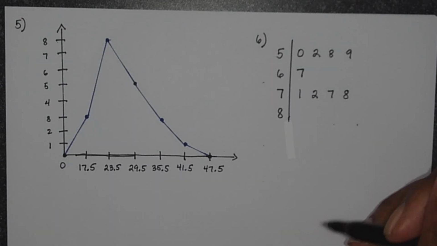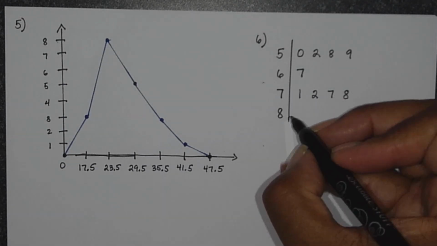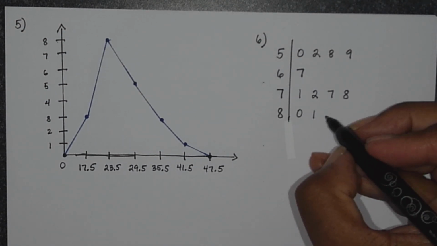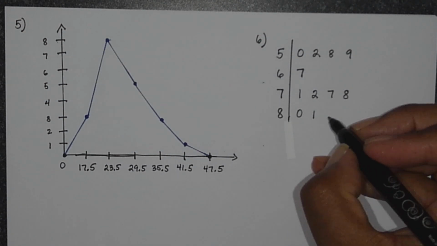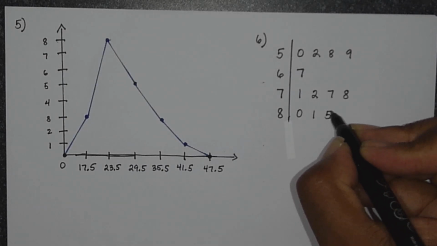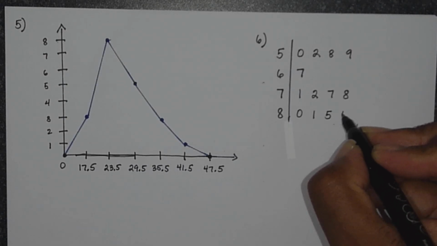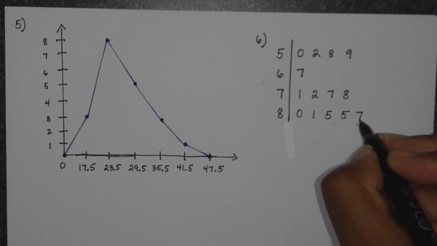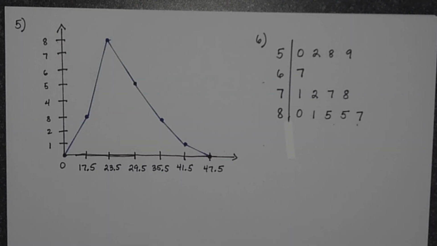And then finally for the 80s, 80, 81, 85, 85 again, and 87. So even if the data values repeat, you have to account for every single one of them.